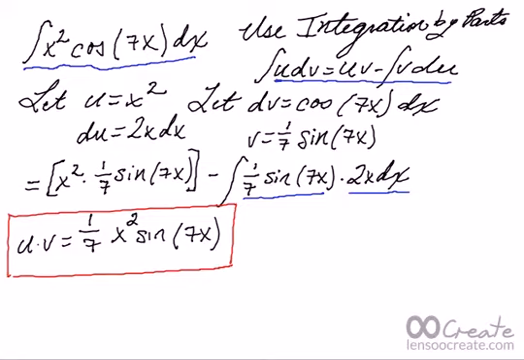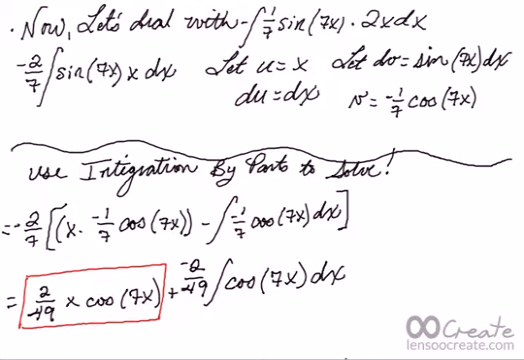It's pretty easy and straightforward. So we have u times v is equal to 1 over 7 x squared sine of 7x. I just rewrite it because I like to have that constant out front, because when you deal with integrals, you can move that constant outside of the integral sign, and it keeps everything together nicely. I apologize for the number of pages, but that's the way this works here.